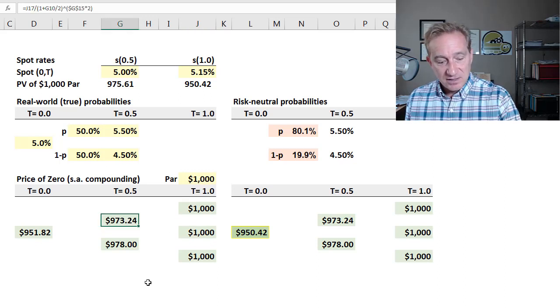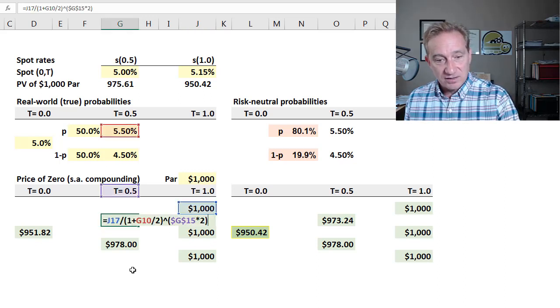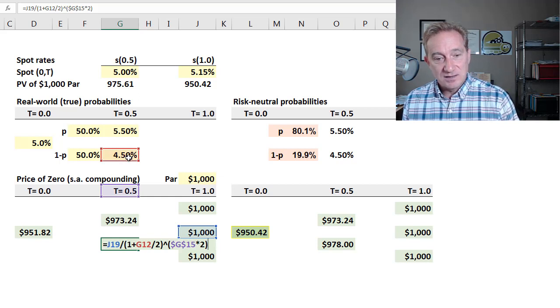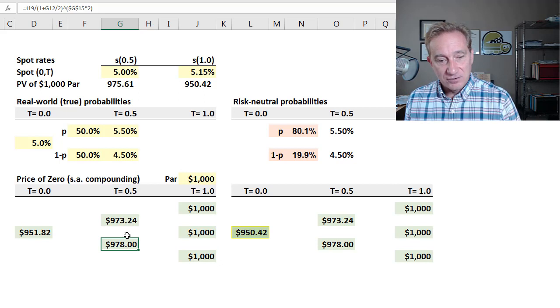And then here at these nodes in 6 months, we're simply doing an expected discounted value, backward induction here. We're taking the $1,000 par value at 1 year and discounting at the 5.5%. And here at this node, 978, we're discounting at the 4.5%, the lower rate, so it's a higher value.